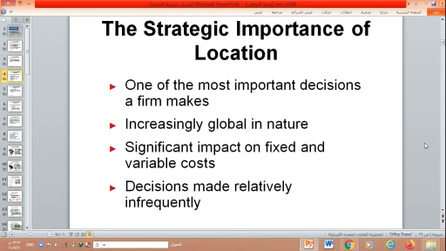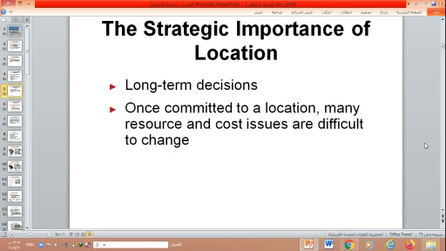Okay, to confirm this information, the decisions of strategic location are made infrequently, meaning relatively they are not taken repeatedly. So this decision is considered a long-term decision. It is considered one of the long-term decisions, which are also difficult to change.